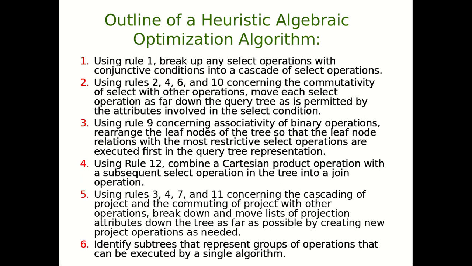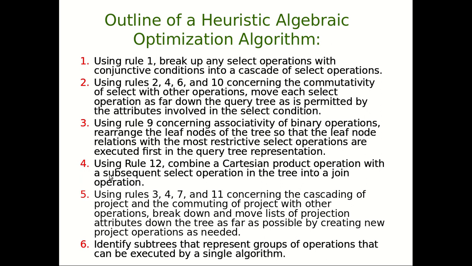That means we kept only those attributes which are required. By applying the operations, you can move all the project operations down the tree. Then identify subtrees that represent groups of operations that can be executed in a single algorithm.